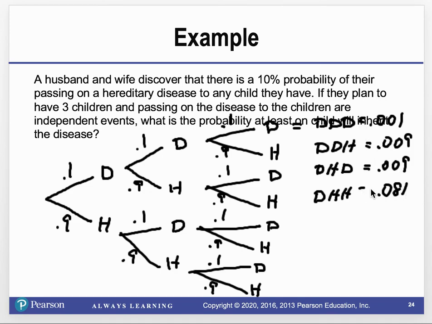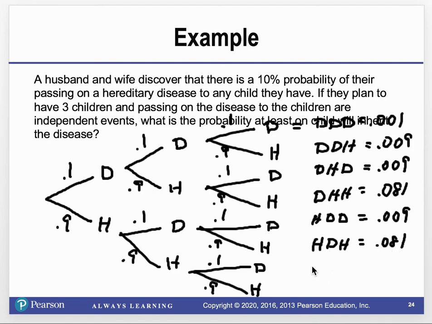I don't really know why I'm putting those equals, but sometimes I am, sometimes I'm not. I try to be consistent. Okay, here the first one's healthy, and then the last two have the disease, so 0.009 again. Okay, and then this one, they're healthy, diseased, healthy. So 0.081.